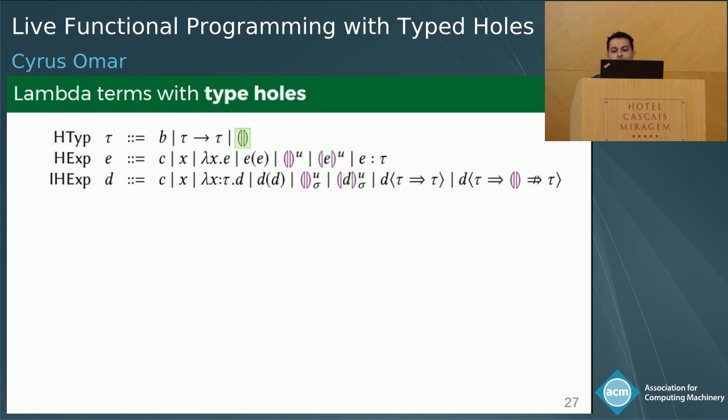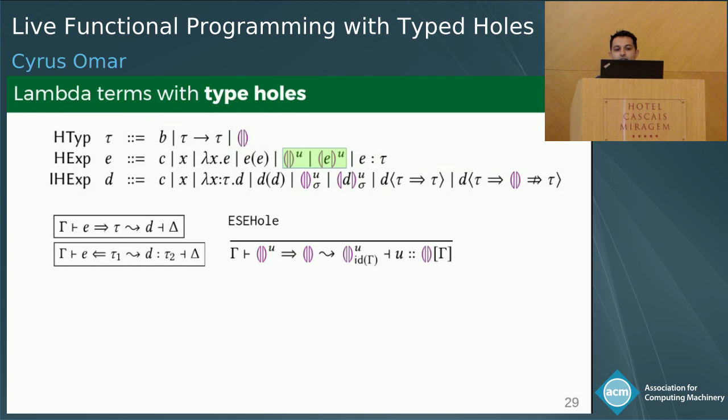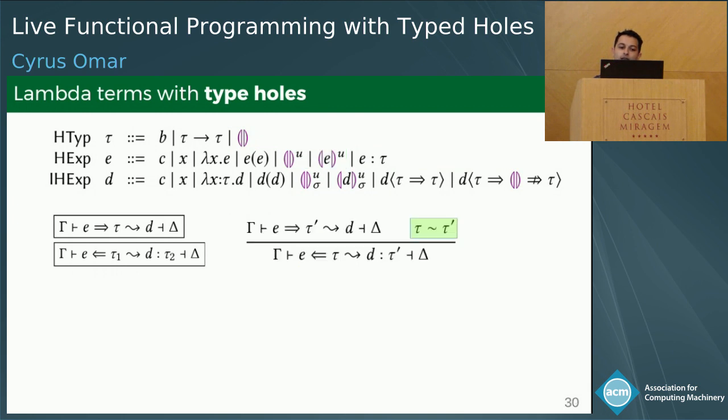One thing that CMTT doesn't have is holes at the type level, and so we have to add those. The reason for that is you can have type annotations in terms, so you have to have some way to represent incomplete type annotations. You can also have holes at the top level, and you don't have an expected type for them, so you have to put the unknown type in the context.